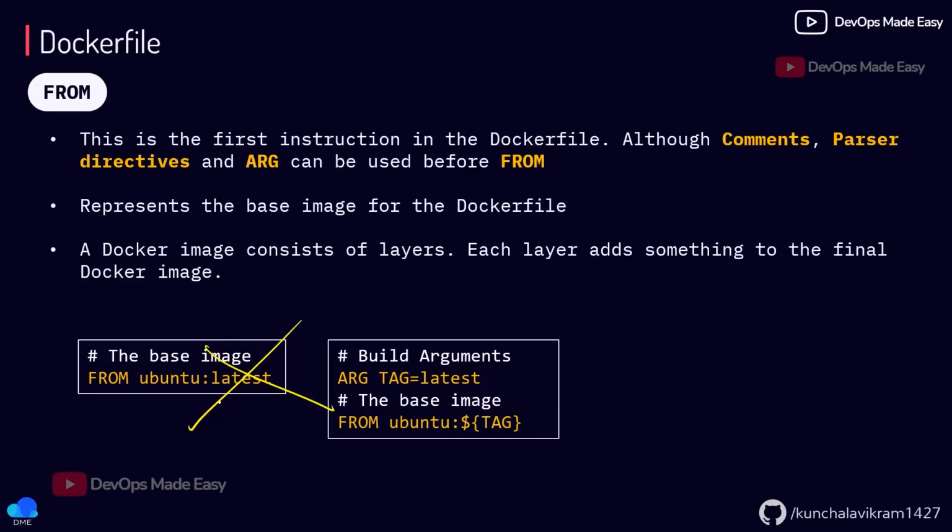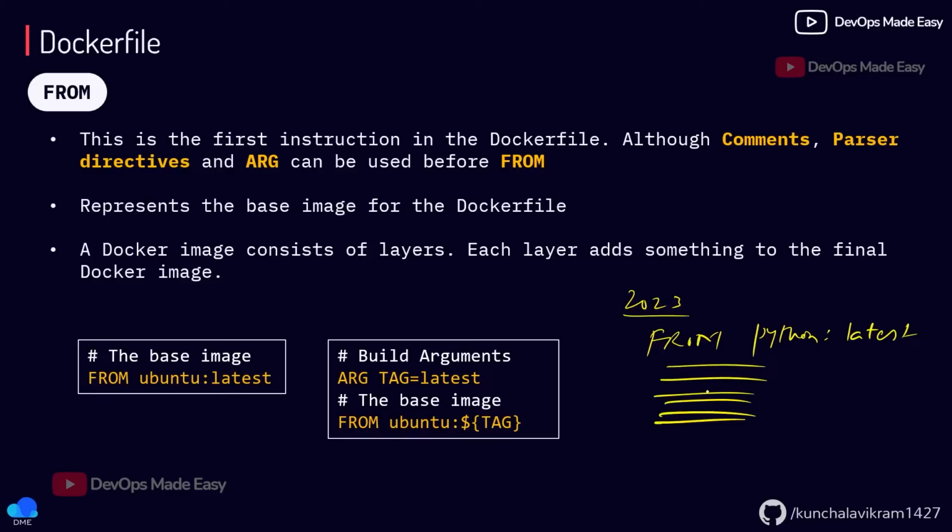Why do I say never take Ubuntu latest, or latest, as the tag? Let's say in 2023 you have used a Dockerfile saying python:latest, and then you have a lot of instructions. You built the image as test 1.0 and deployed it, and the application is running.